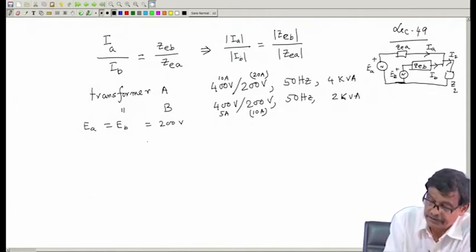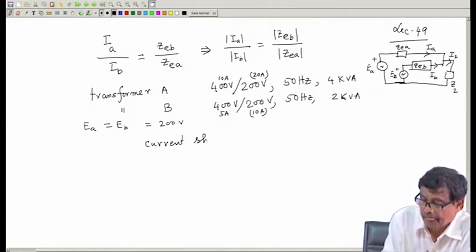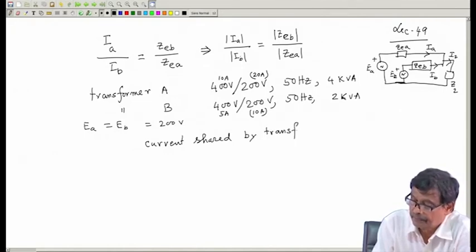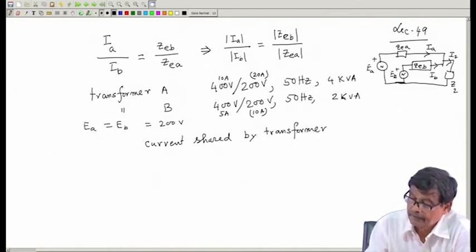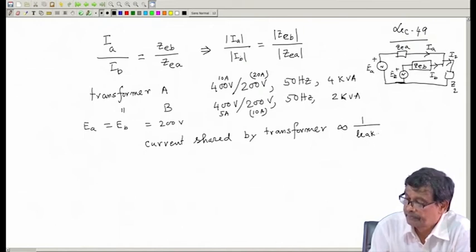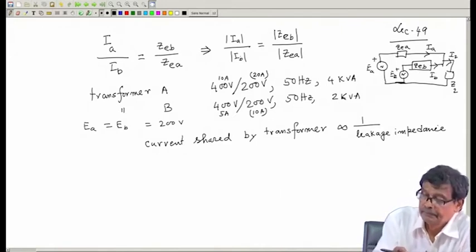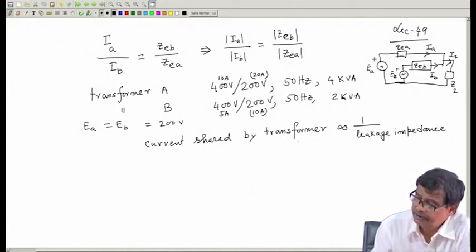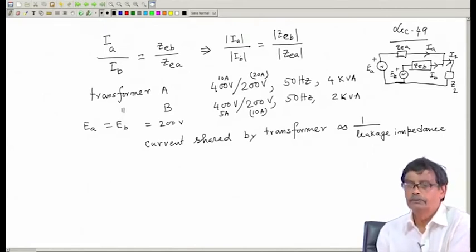That is, current shared by a transformer is inversely proportional to its leakage impedance. IA is proportional to 1 by ZEA, is not?